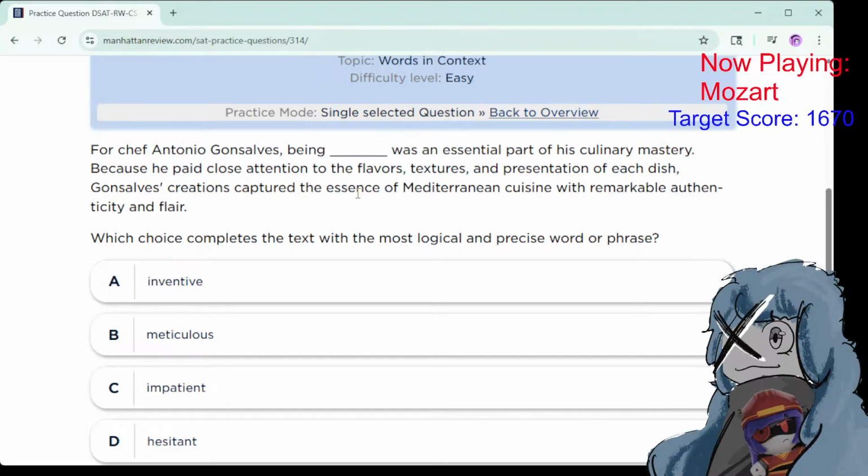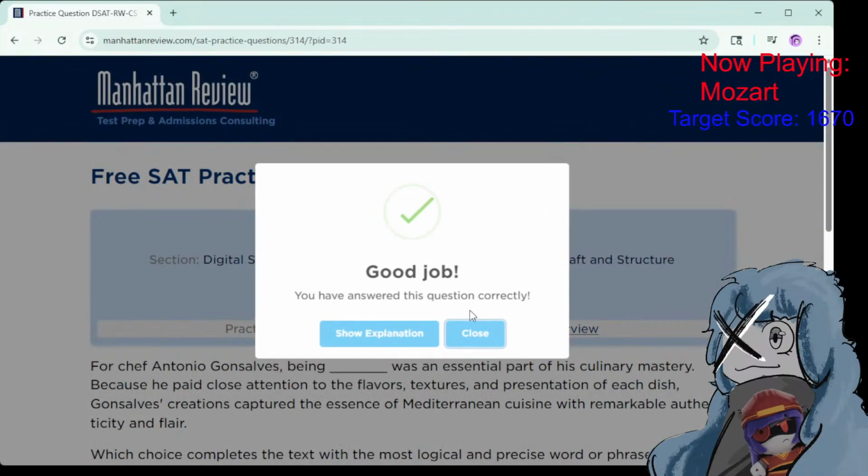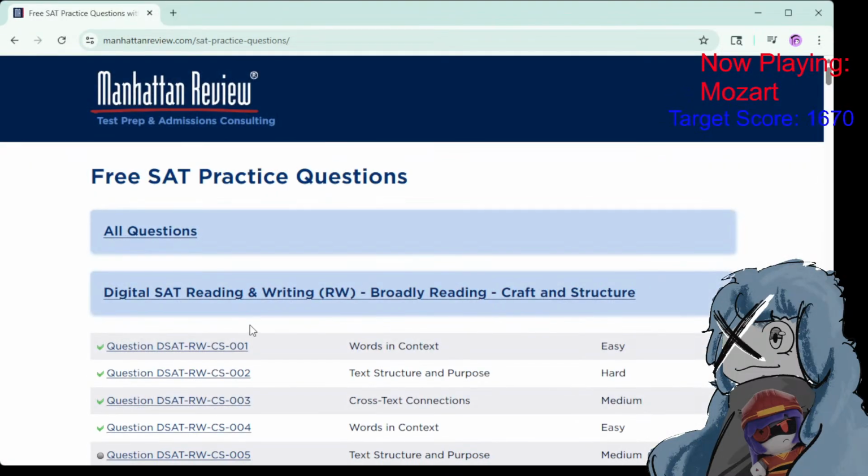Gonzalez's creations captured the essence of Mediterranean cuisine with remarkable authenticity. It needs to mean paying close attention, so meticulous. Good job. Overview. Next.